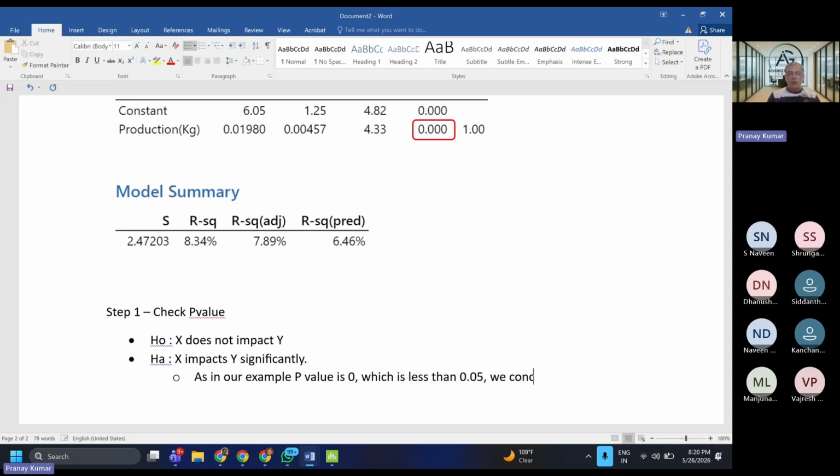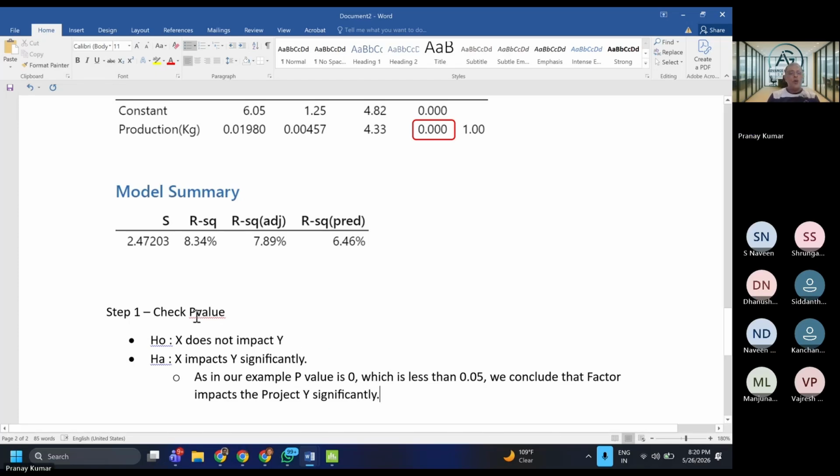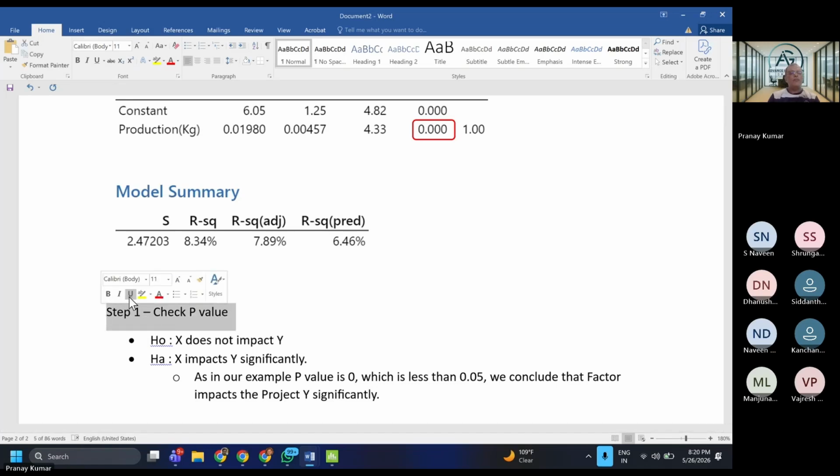We conclude that the factor impacts the project Y significantly. Everyone clear with this so far? Yes, sir. Yes. Yes.